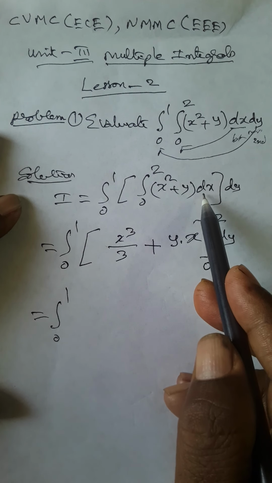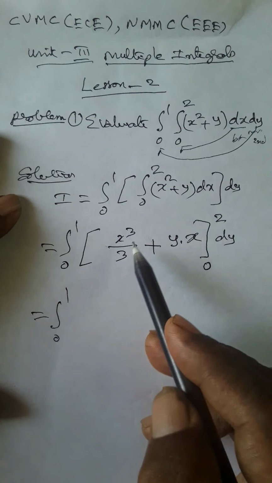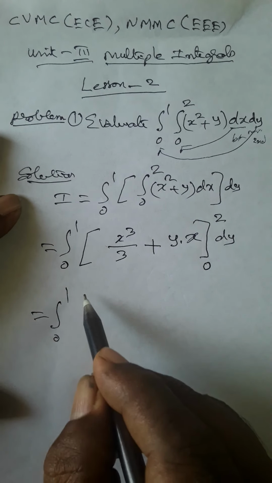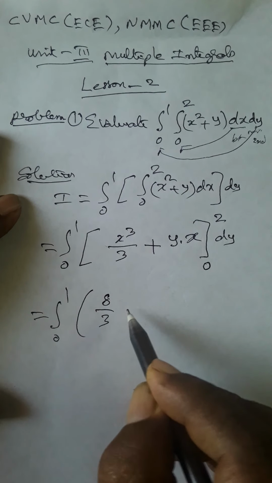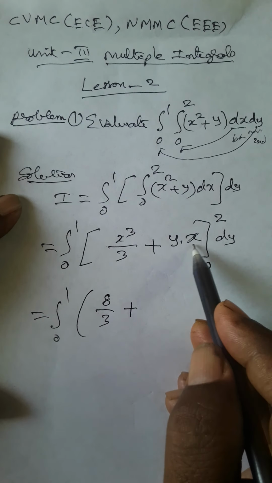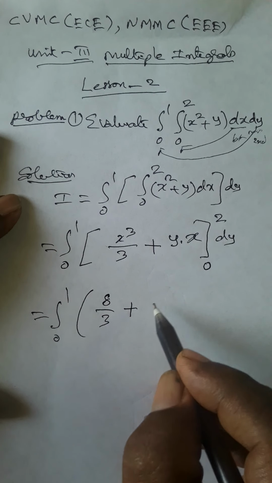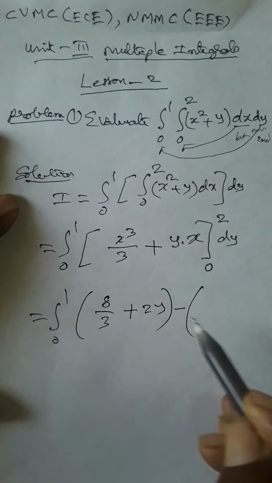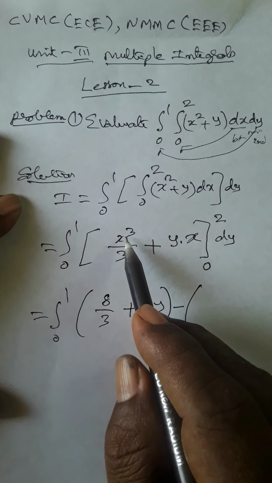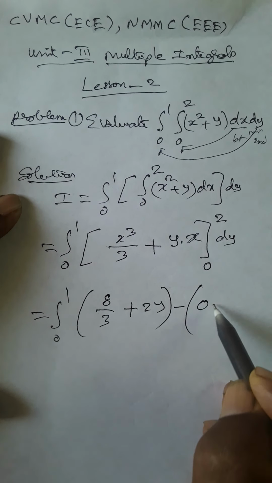Here integration is with respect to x, that's why instead of x you substitute the upper limit: 2 cube, 8 by 3, plus instead of x you substitute 2, 2y. This is the upper limit minus the lower limit. Instead of x you write 0, 0.